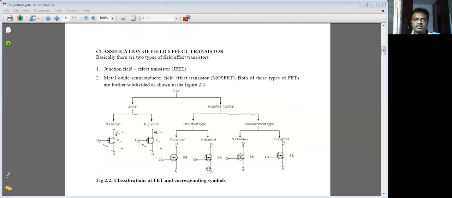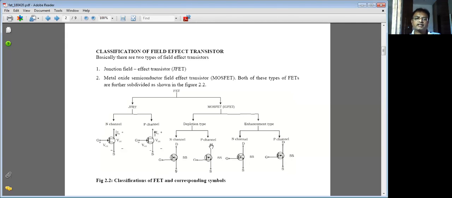These are the symbols of the depletion type and enhancement type MOSFETs. In detail, I will explain to you in the later classes. Same terminals: source, drain, gate. N-channel, arrowhead inwards; arrowhead outwards for the P-channel.